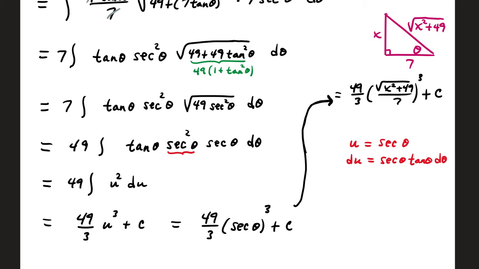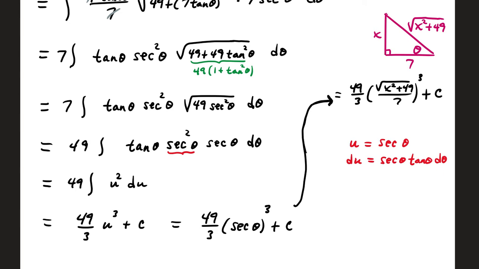Well, that gives us tangent. There's a total of 3 secant thetas here, but because the derivative of secant is secant tangent, I'm going to hold off on these two terms here. So I'm going to let u be equal to secant theta. The derivative of that substitution is secant theta tangent theta d theta.